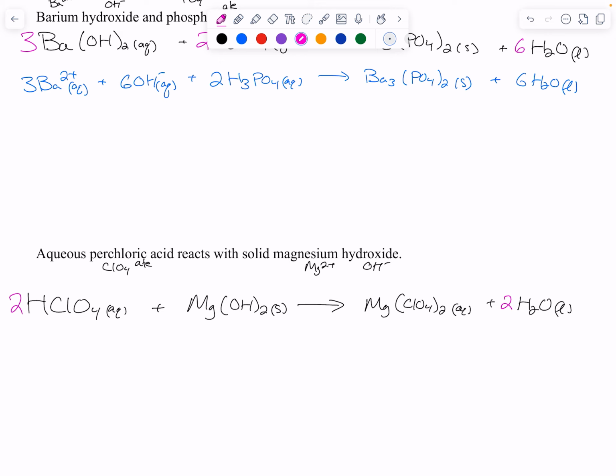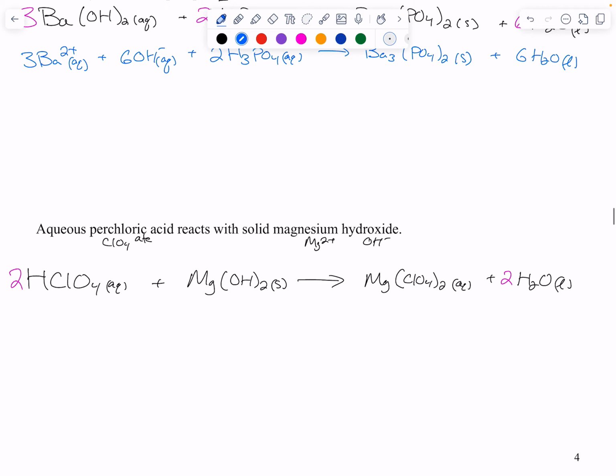All right. 1 magnesium, 2 perchlorates, 4 hydrogens, and 2 oxygens. Yep, that works out. Now, what separates? Here, I have 2 H+ plus 2 ClO4−, 2 perchlorate, plus that stays together, Mg(OH)2 solid.